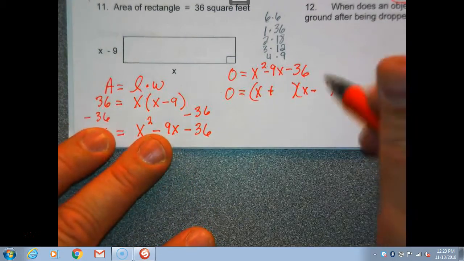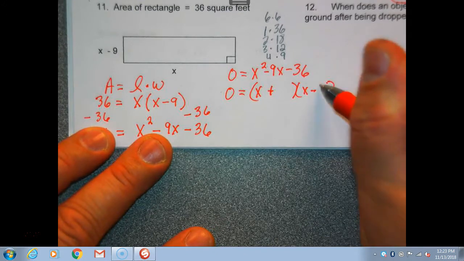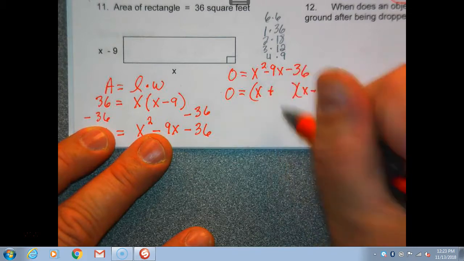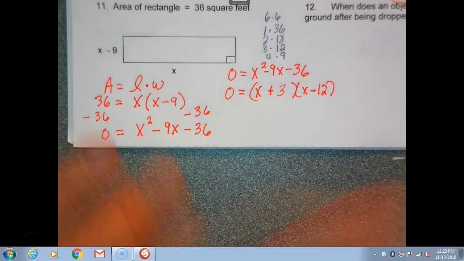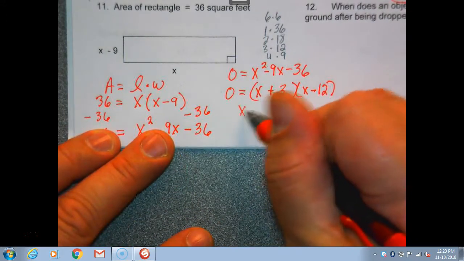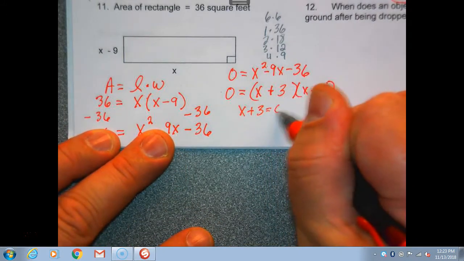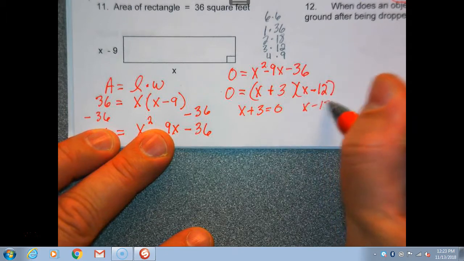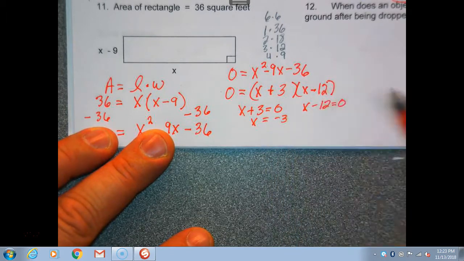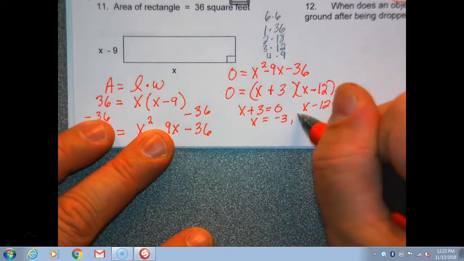Which one do you want negative? No, you had it right because the bigger number is negative. Okay, x plus 3 equals 0, x minus 12 equals 0, so x either equals negative 3 or positive 12.